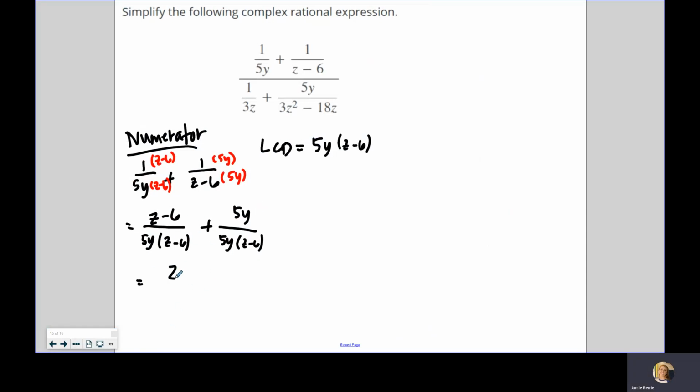Denominator stays the same. Z minus 6 plus 5y over the common denominator. So that's our simplified numerator: z minus 6 plus 5y over 5y times z minus 6.